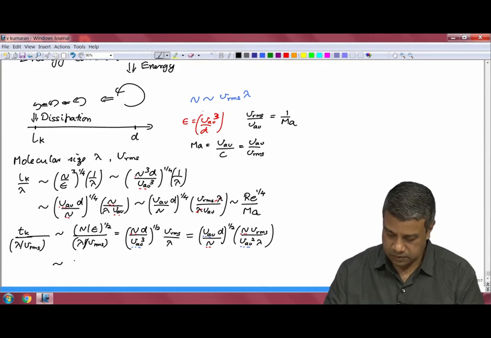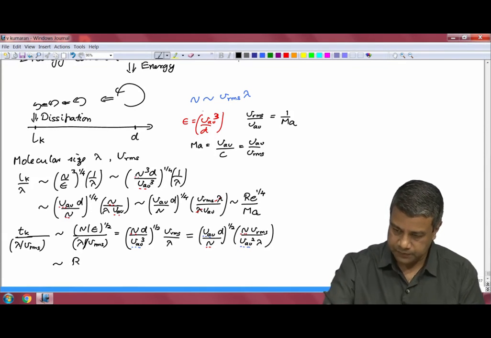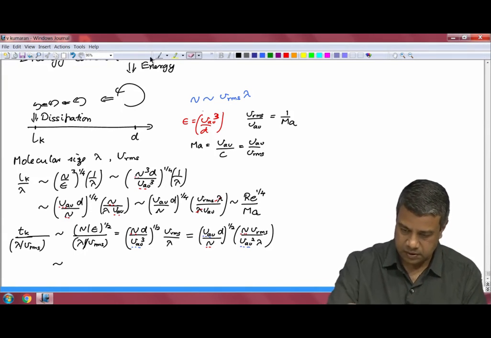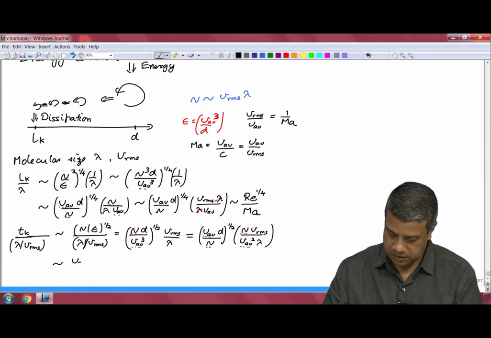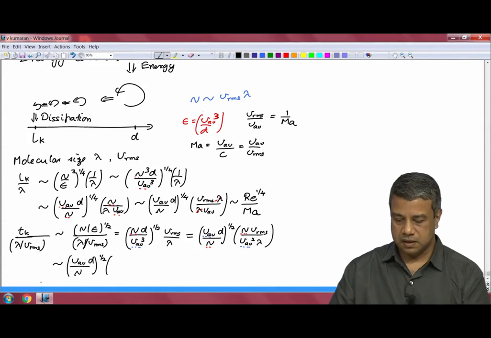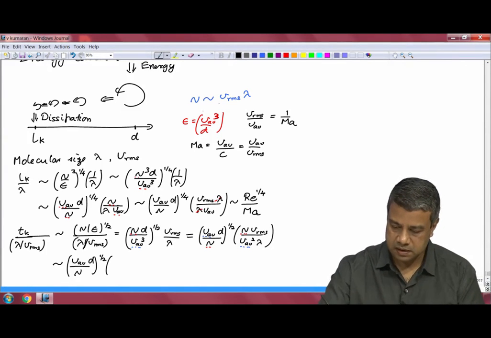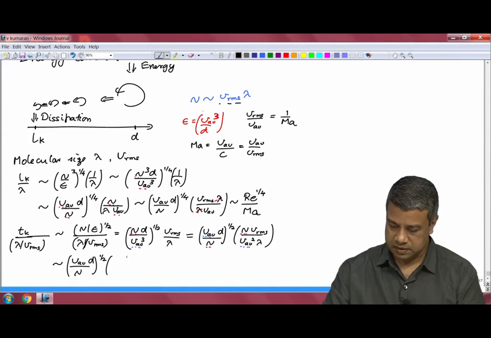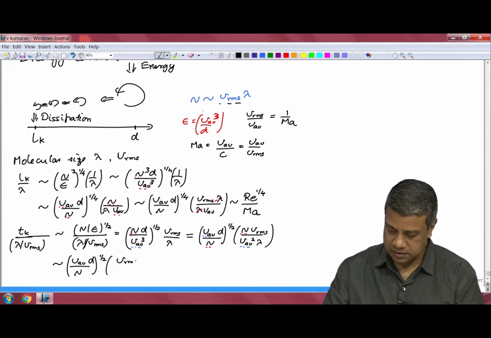I will take one more step, V average d by nu whole power half into the kinematic viscosity, which is Vrms times lambda. So, I will get Vrms by V average the whole square.